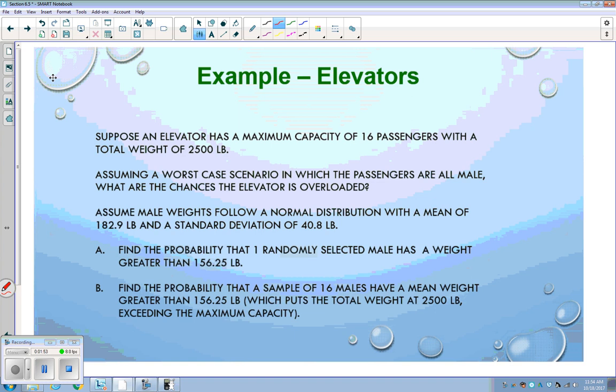Maximum so many people, maximum weight, right? Well, how do you know that those 16 people aren't going to weigh more than 2,500 pounds? Okay. So assuming the worst case scenario in which the passengers are all male, what are the chances that the elevator is overloaded?